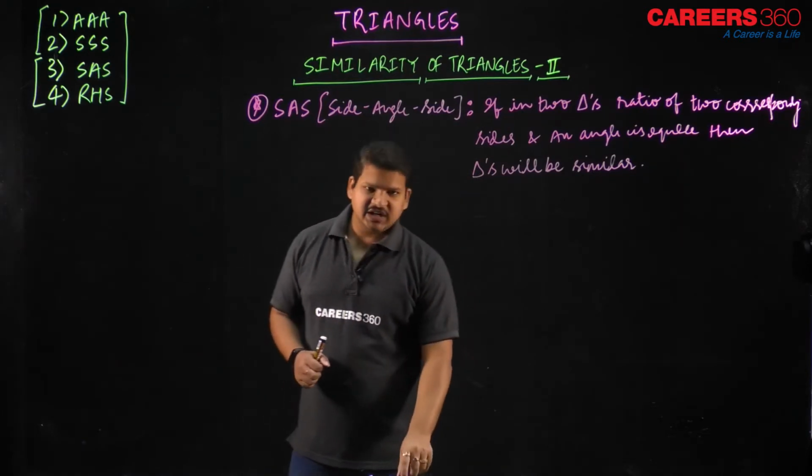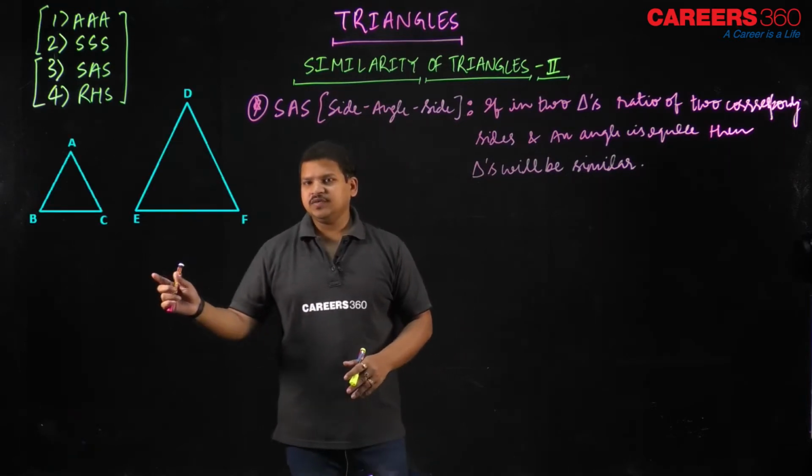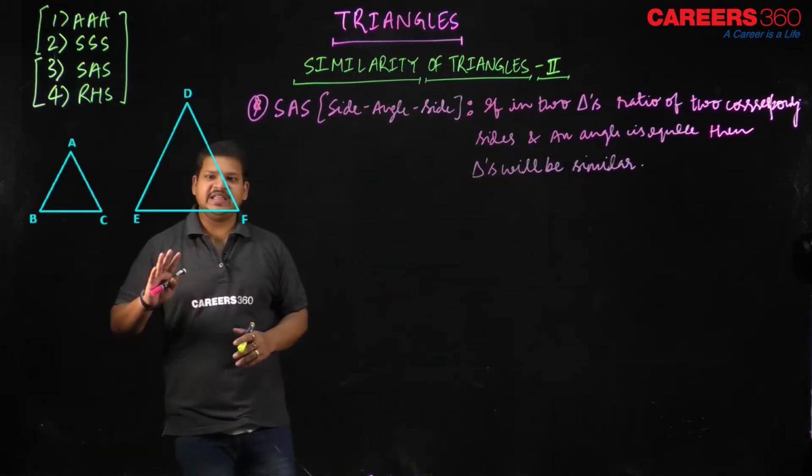So let's understand this using the given diagram. Here we have two triangles ABC and DEF.